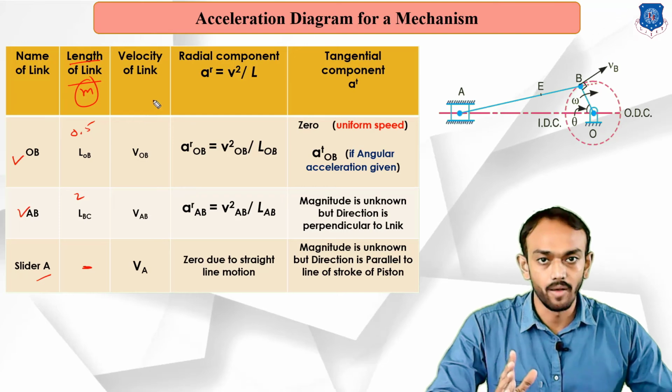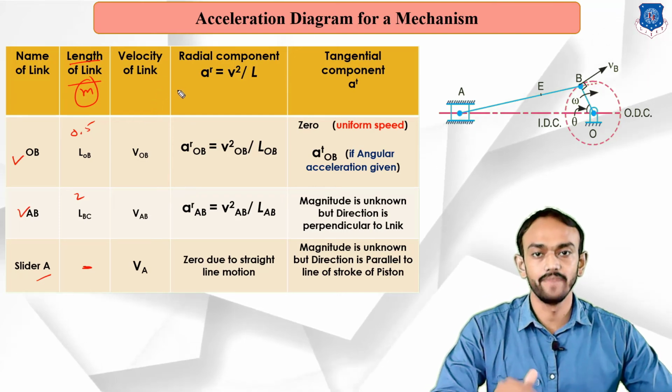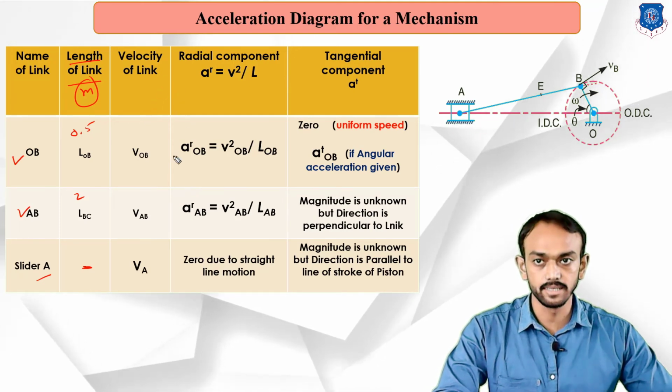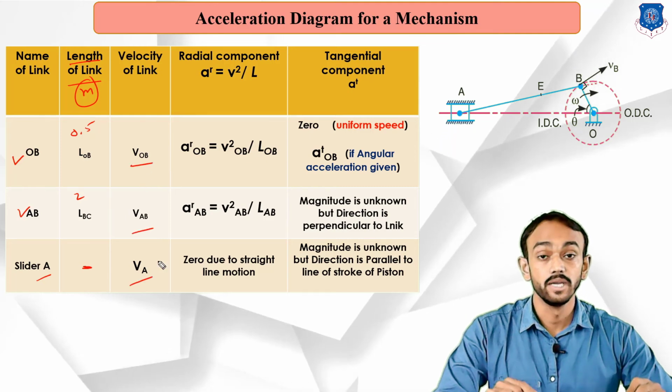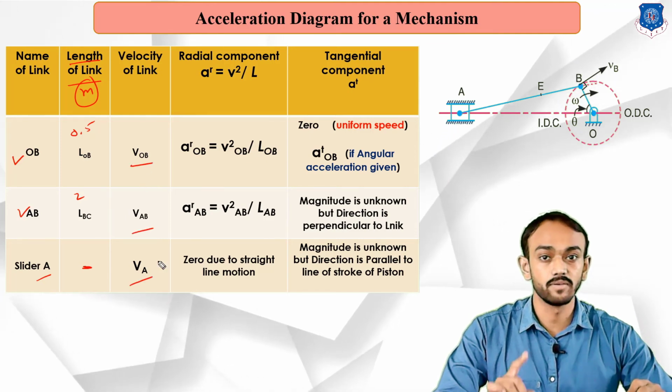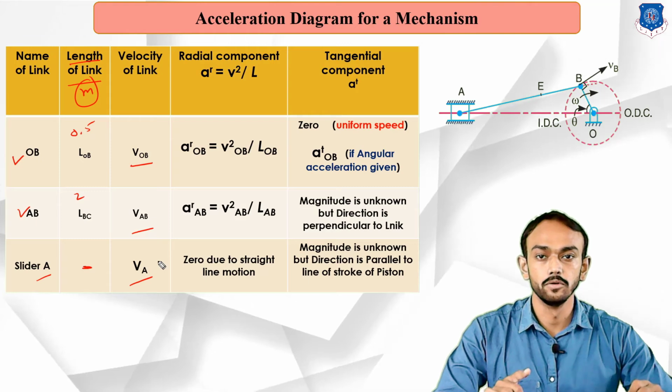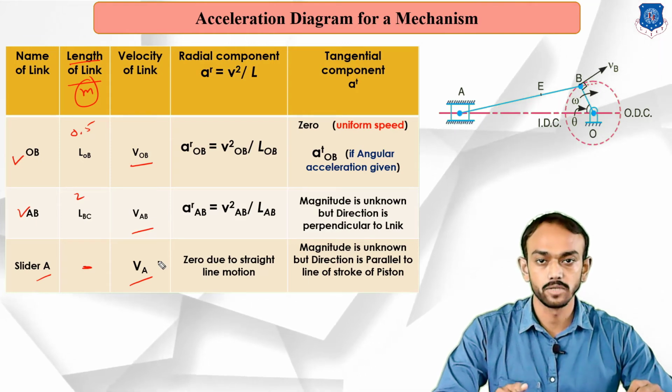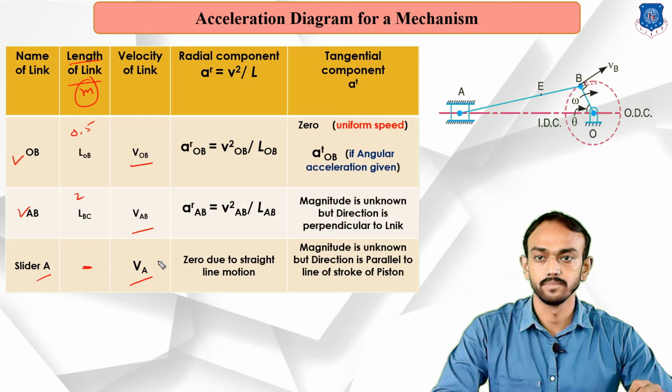Now we will find the velocity of every element in the mechanism. If you want to solve any example of acceleration, first you find the velocity of every element in the mechanism.